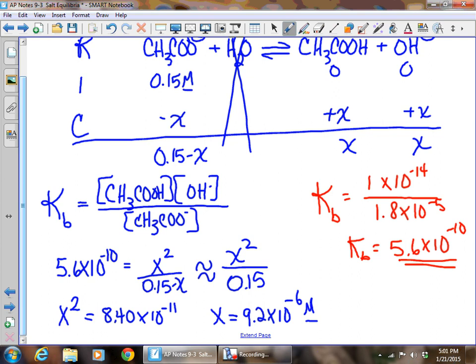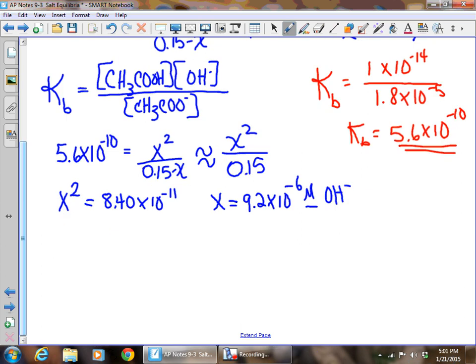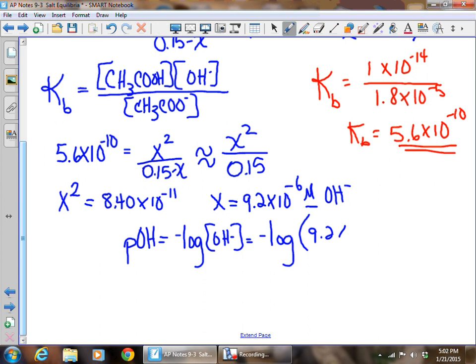Molarity what? Make sure you pay attention. In this equation, x is the concentration of the hydroxide ion. So we can now get pOH by taking the negative log of that hydroxide ion concentration, which gives us a pOH value of 5.036.